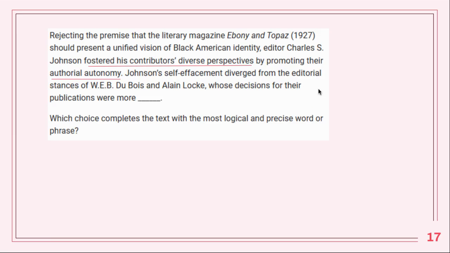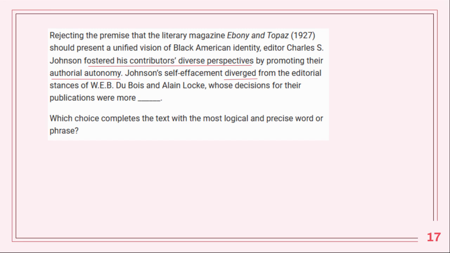And we're saying his self-effacement, which I don't exactly know what that means, but that's fine. We're still talking about Johnson. It diverged from the editorial stances of W.E.B. Du Bois and Alan Locke. So if Johnson's editorial stance is against presenting a unified vision of Black American identity, that means Du Bois and Locke's editorial stance is probably that we should present a unified vision of the Black identity.